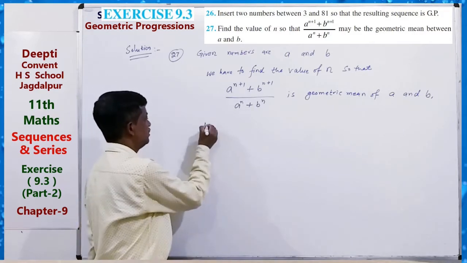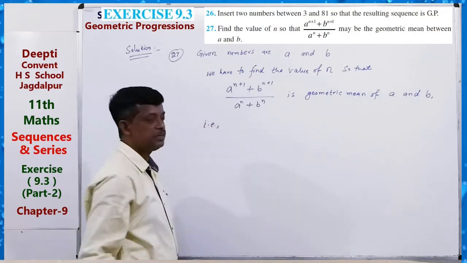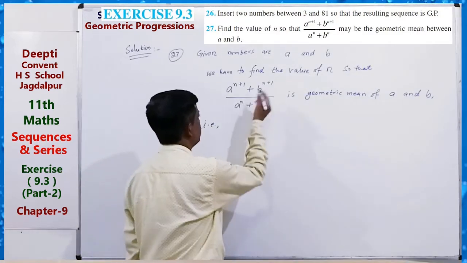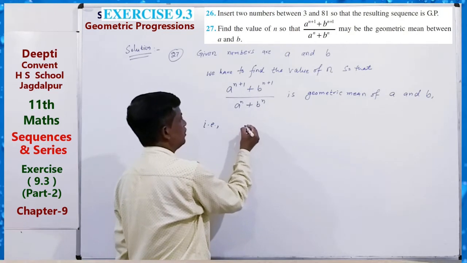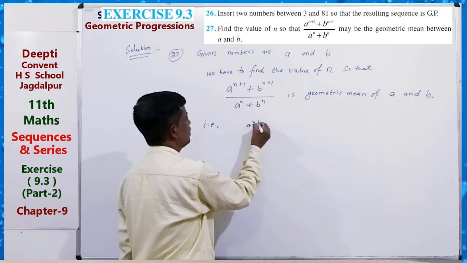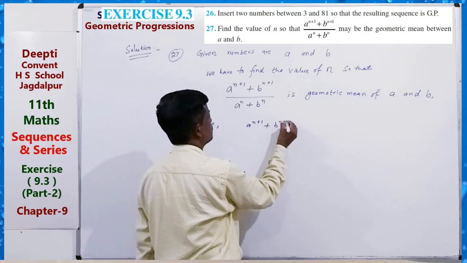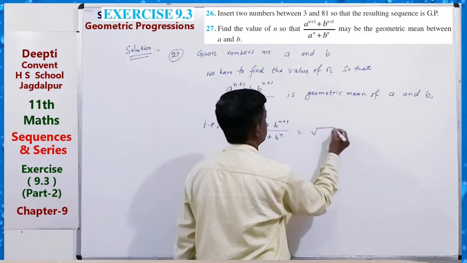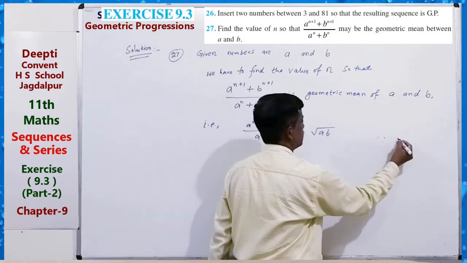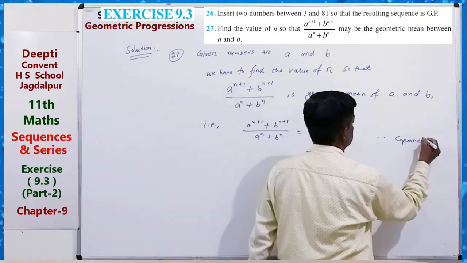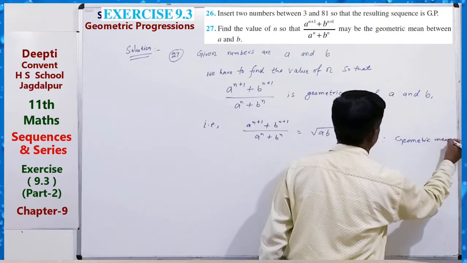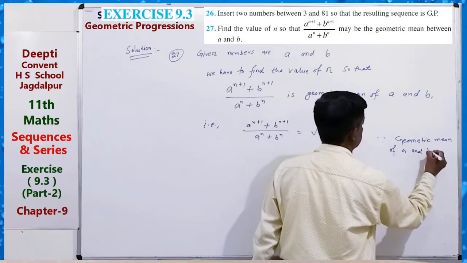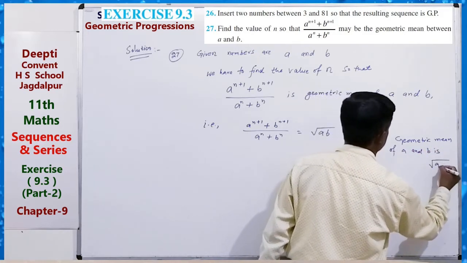We know the geometric mean of a and b is root ab.